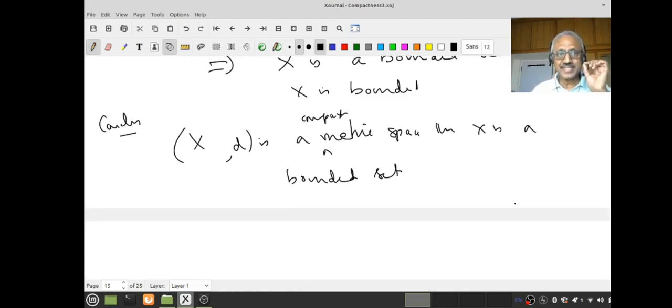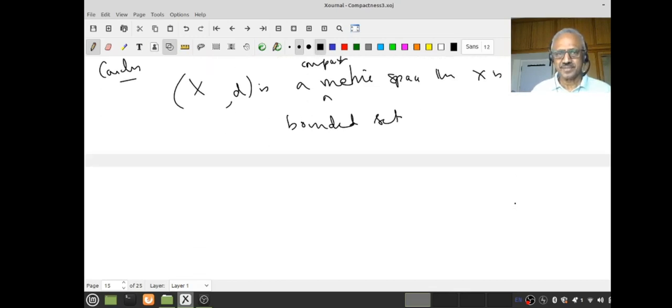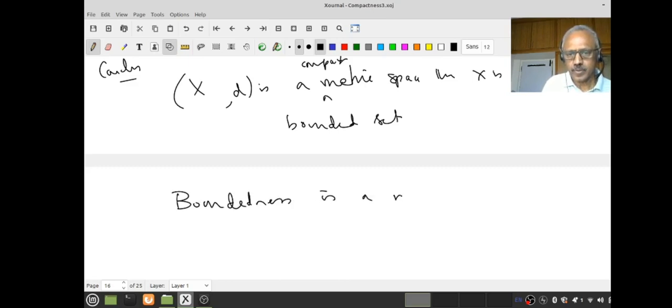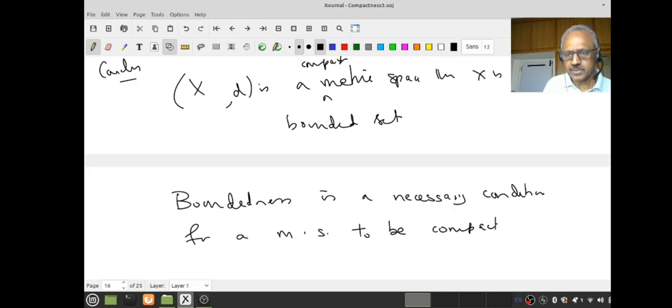So it's a necessary condition. Do you understand? Therefore boundedness is a necessary condition for a metric space to be compact. Of course, it's not sufficient.